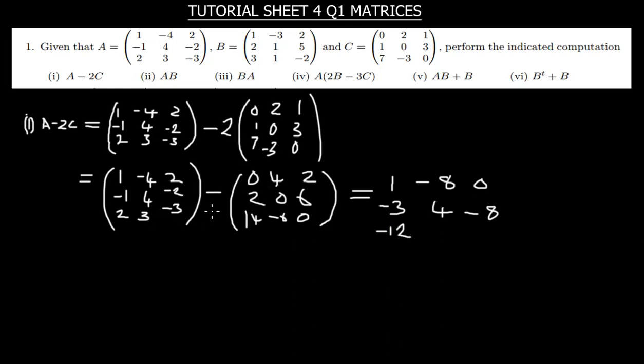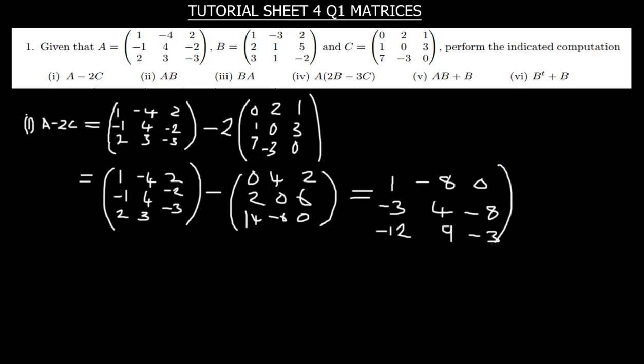Then 3 minus negative 6, the negatives will multiply and you get a plus. So 3 plus 6, oh sorry, you get 9, not 8. You get a 9 there. And then negative 3 minus 0, you still get negative 3.